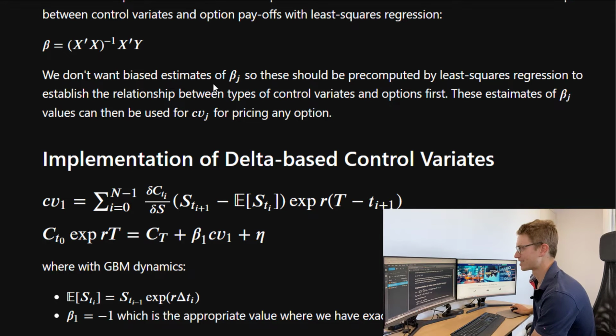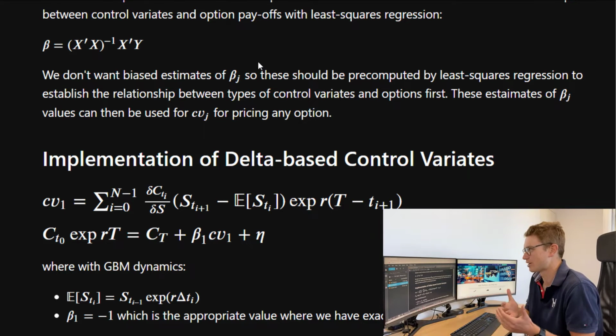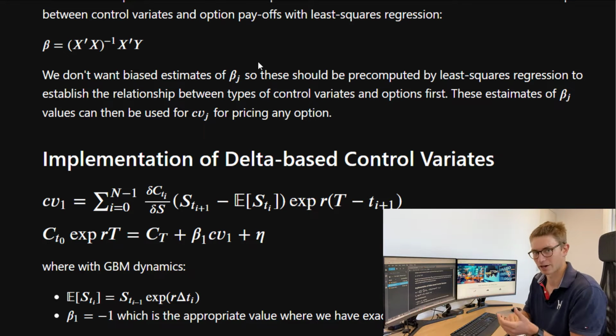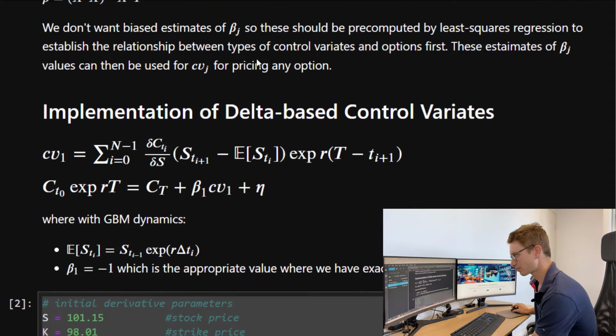Now, we don't want a biased estimate of the betas, so one way we can go about this is to pre-compute by least squares regression the relationship that we determine as fair or true between the different control variates and options. We do this first, and then we can use those estimates for beta j, depending on what the control variate is, to price any number of options.